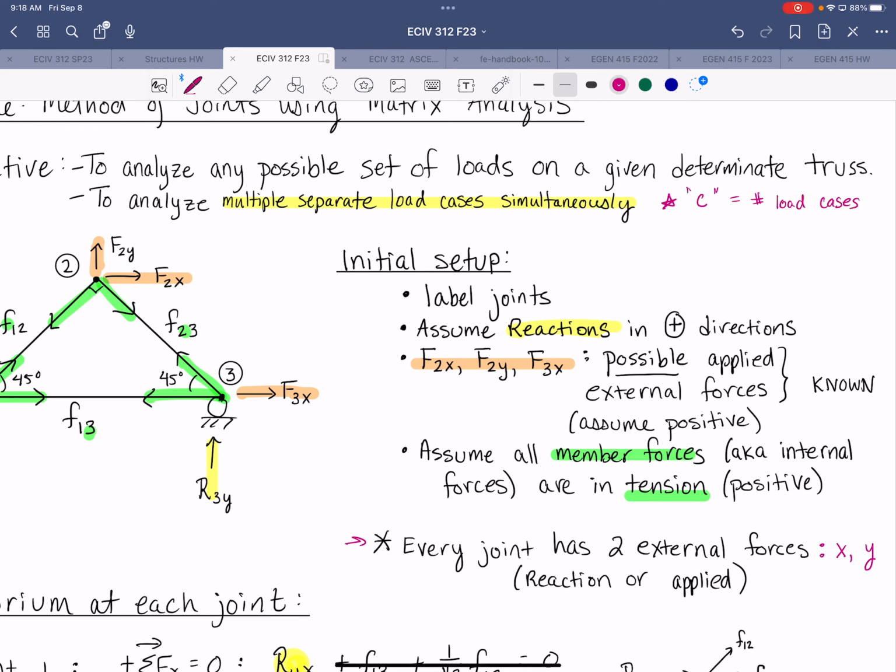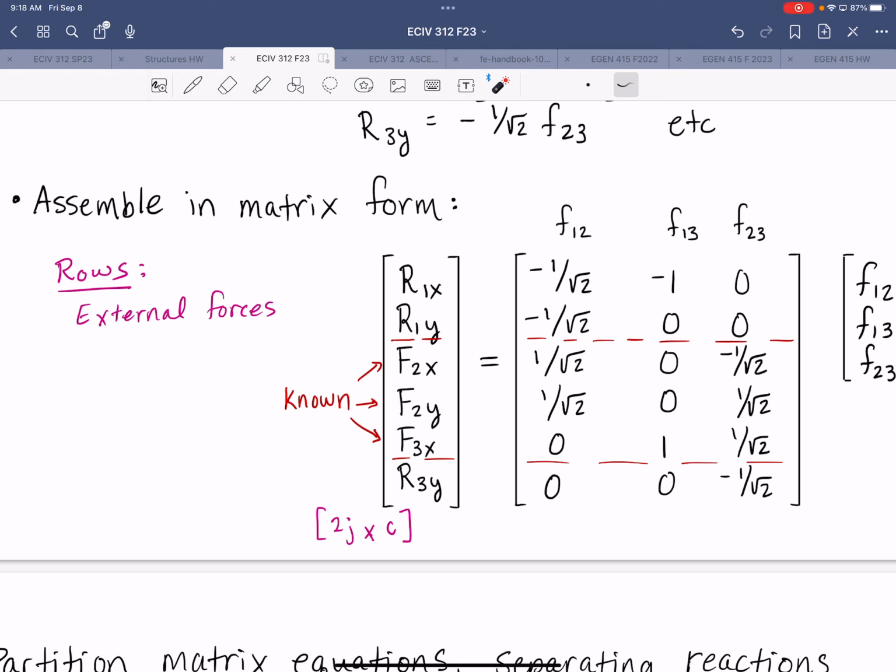The reason I made that note now is because down below, when I'm noting the dimensions of each of these matrices, this left-hand side is always going to have 2J rows, and the number of columns is going to be however many load cases we're analyzing. So we're going to have c columns. Right now, the way it's written, it just looks like one column, but once we bring in a bunch of load cases, we're going to expand that to however many load cases we have.